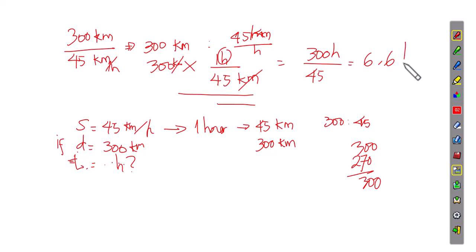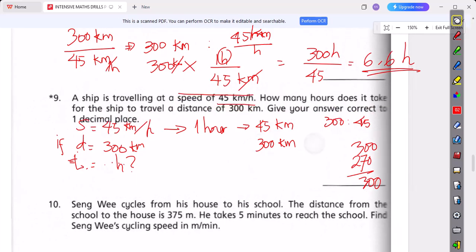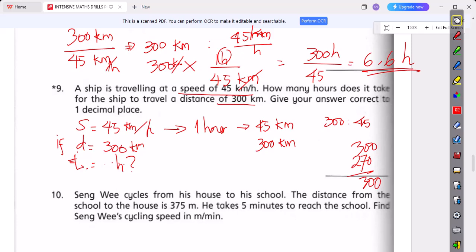So 6.6 hours. It means for 300 kilometer, a ship needs 6.6 hours. So here is the way how to combine the length and the time.